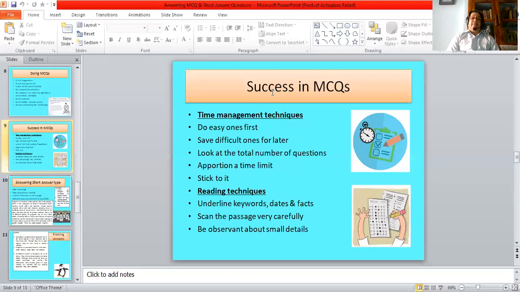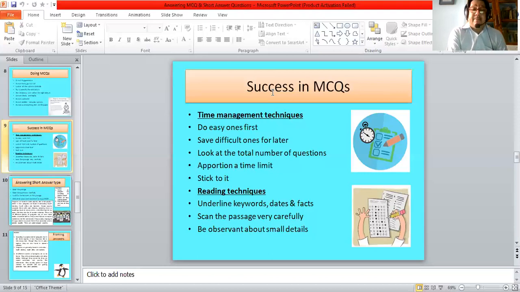Now, certain techniques for reading as well. Underline the keywords, the dates, and the facts. Scan the passage very carefully, and be observant about small details. There are a lot of small details mentioned in the passage, and you have to be very careful about them.